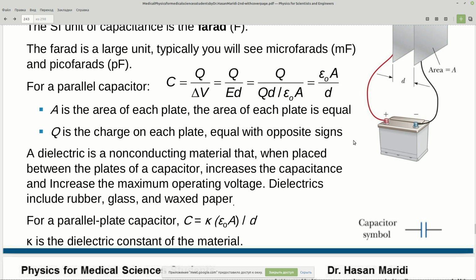The unit of current in the SI international unit system is the ampere. Actually, it's a big current: 1 ampere is 1 coulomb per second.